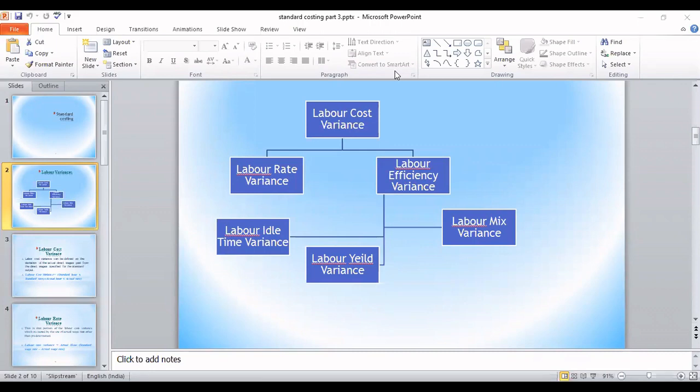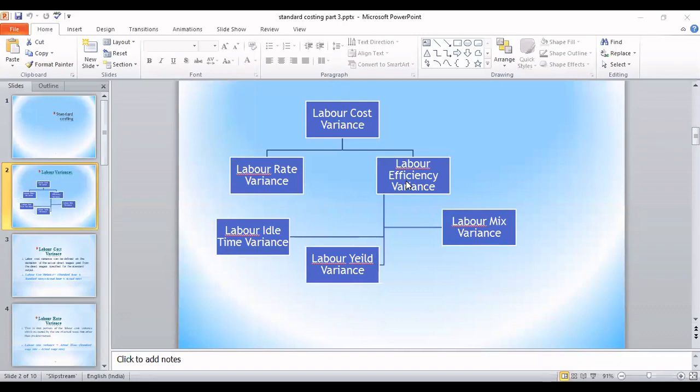The first thing is the labor rate, that means at what rate labor is going to work. And the second one is labor efficiency, that means within what time that labor is able to finish the work, the hours taken by the labor to complete the task.